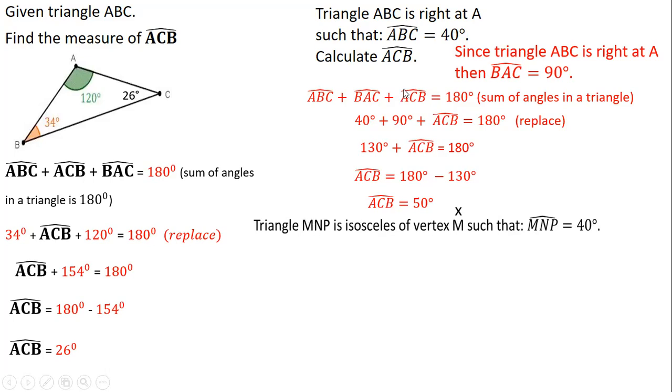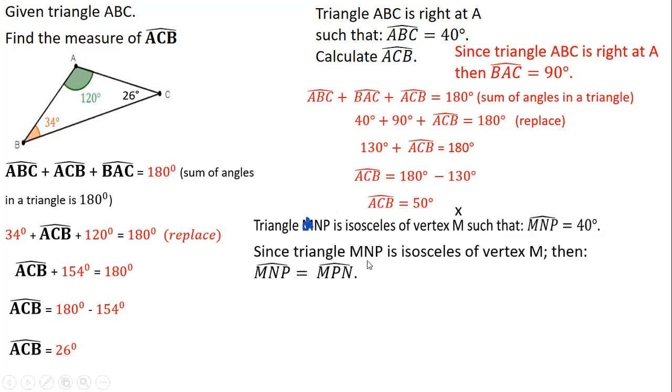If M is the special vertex, look what we do. I cross out M, which is the special vertex. I still have vertex N and vertex P. So the equal angles are at vertex N and at vertex P. So angle MNP will be equal to angle MPN.